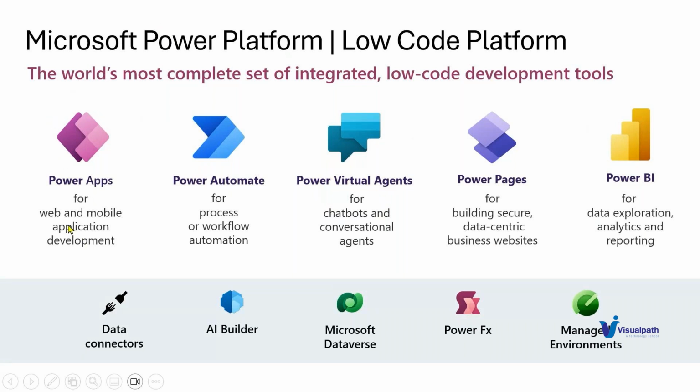Power Apps for mobile applications, Power Automate for workflow automation, Virtual Agents for chatbots and conversational agents, Power Pages for building secure data-centric business websites. You can build customer-facing, external websites. Power BI, you can build analytics and reporting. We have all these in the Power Platform.